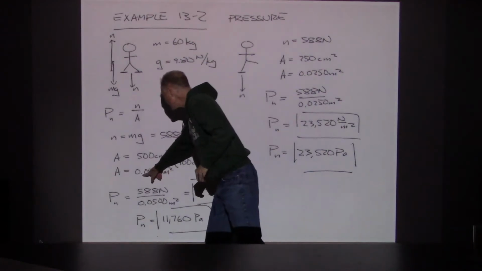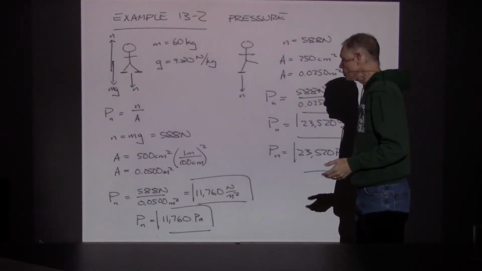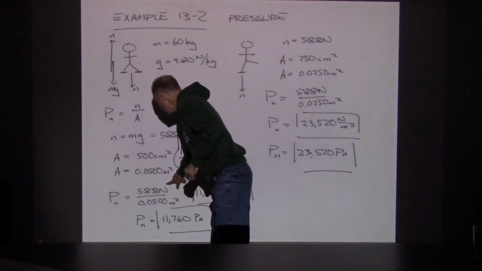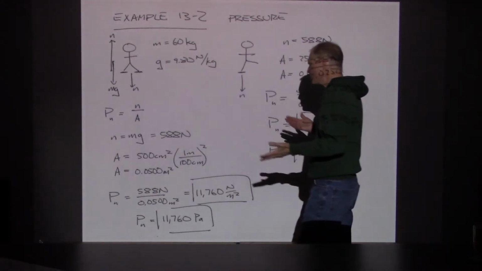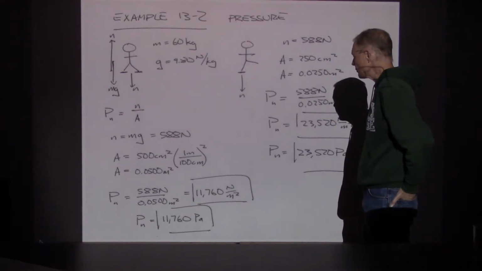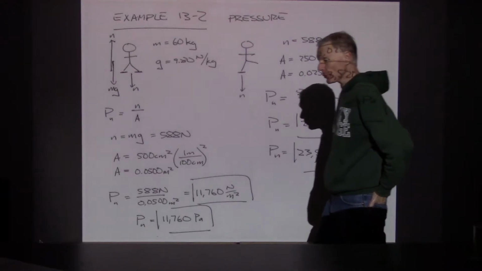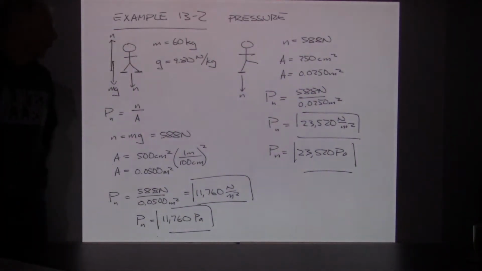That gives me 0.0500 square meters. So the pressure I can calculate as the force, 588 newtons, spread out over, and we're saying this is kind of uniformly spread out, that gives us 11,760 newtons per square meter. So you can see the pressures can become pretty large.